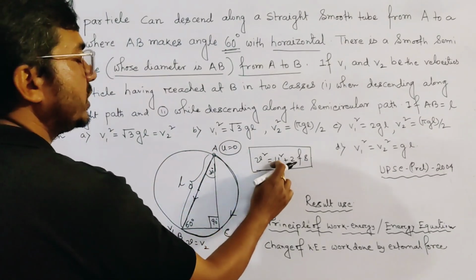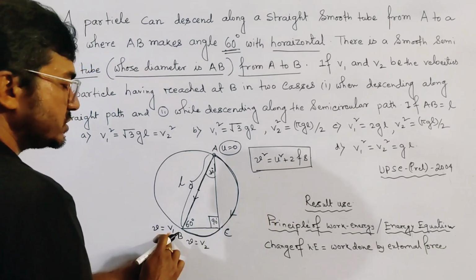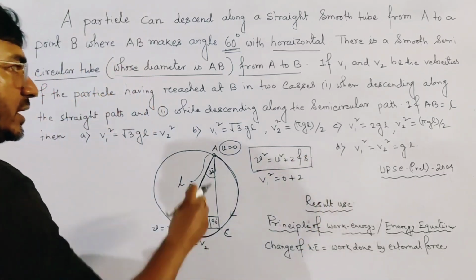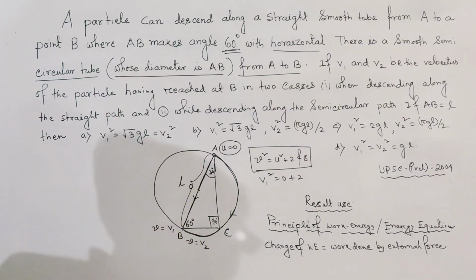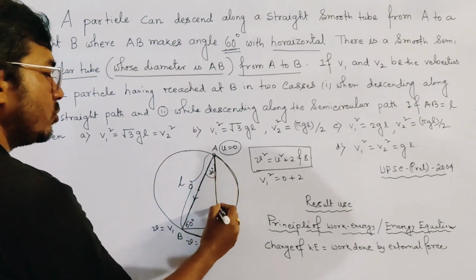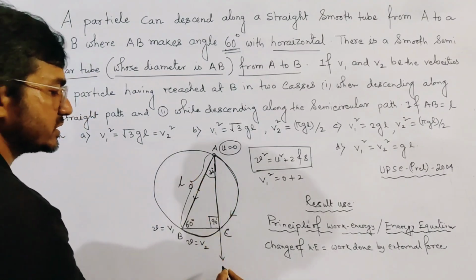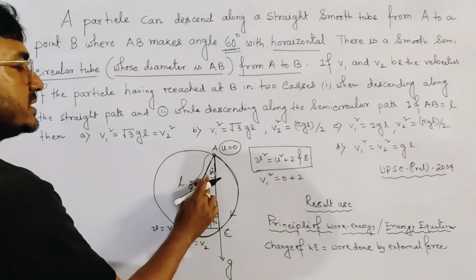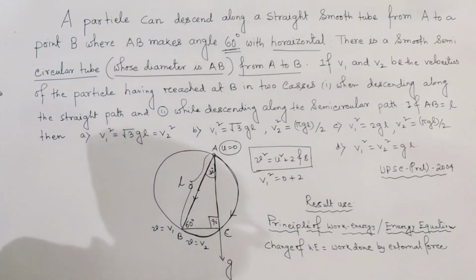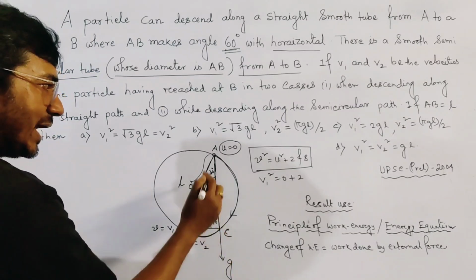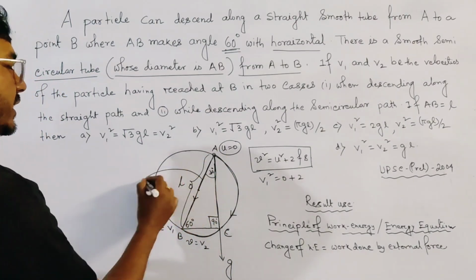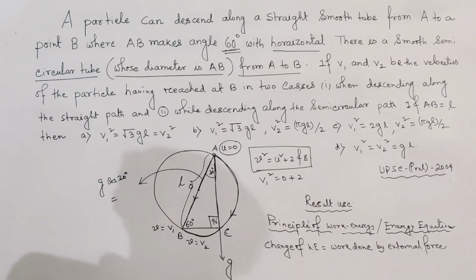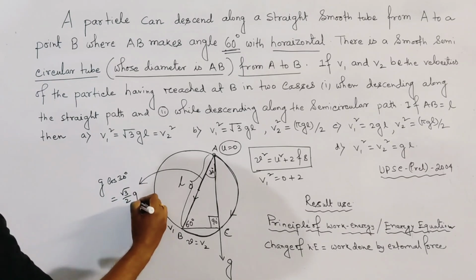Here the particle falls freely under gravity, so gravitational force acts vertically downwards, G per unit mass, and since this is the angle 30 degree, the component of G along the line AB is G cos 30 degree, which is equal to root 3 by 2 into G.